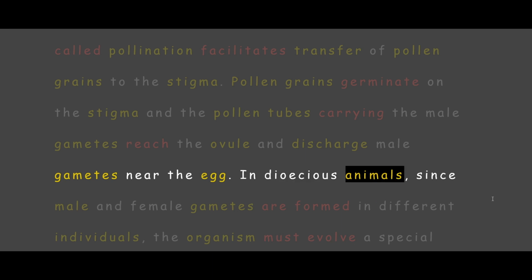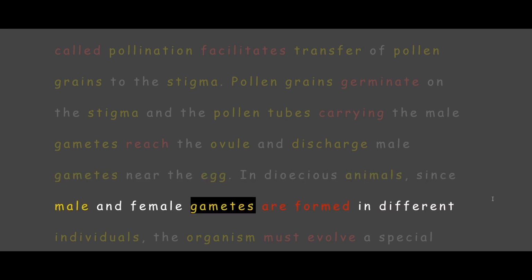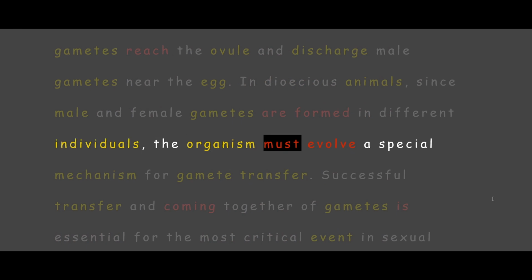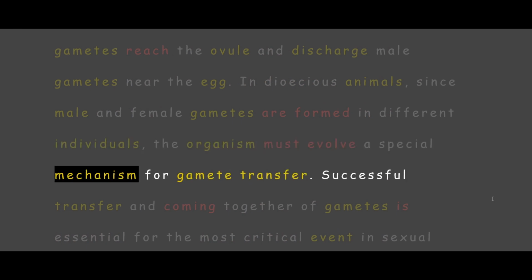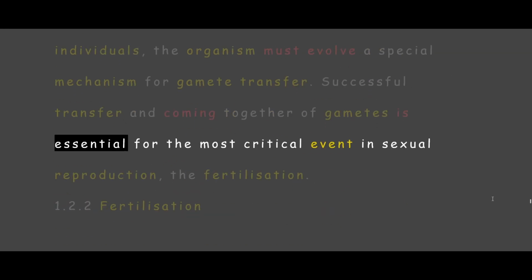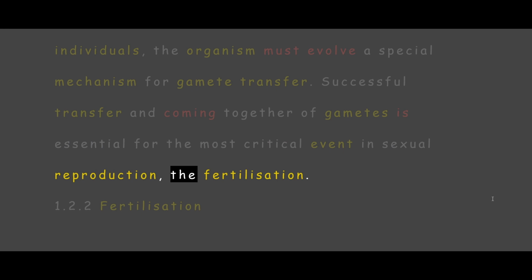In dioecious animals, since male and female gametes are formed in different individuals, the organism must evolve a special mechanism for gamete transfer. Successful transfer and coming together of gametes is essential for the most critical event in sexual reproduction, the fertilization.